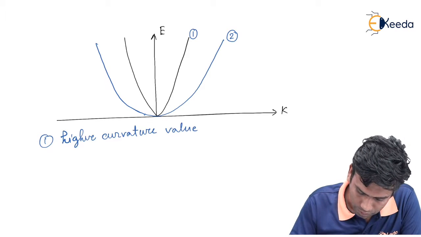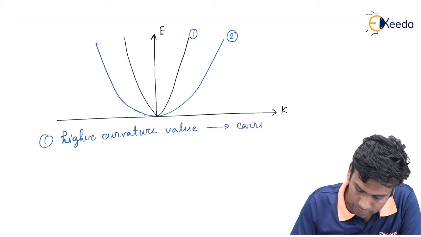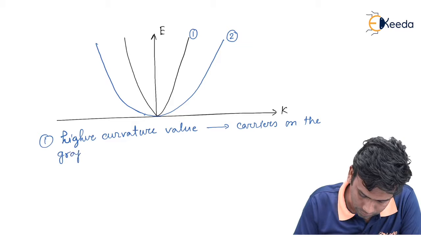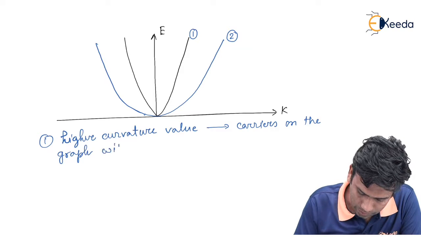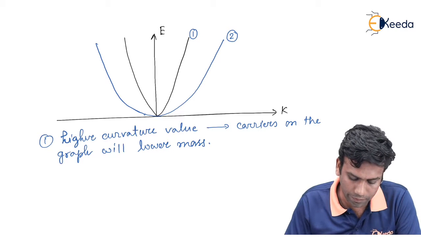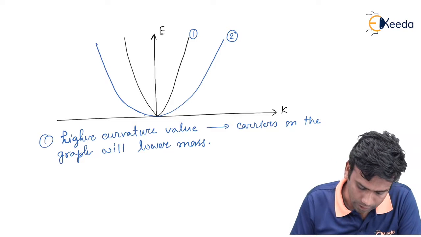So we can say that the carriers on this graph will have lower mass, because the curvature is inversely proportional to the mass of the particle.